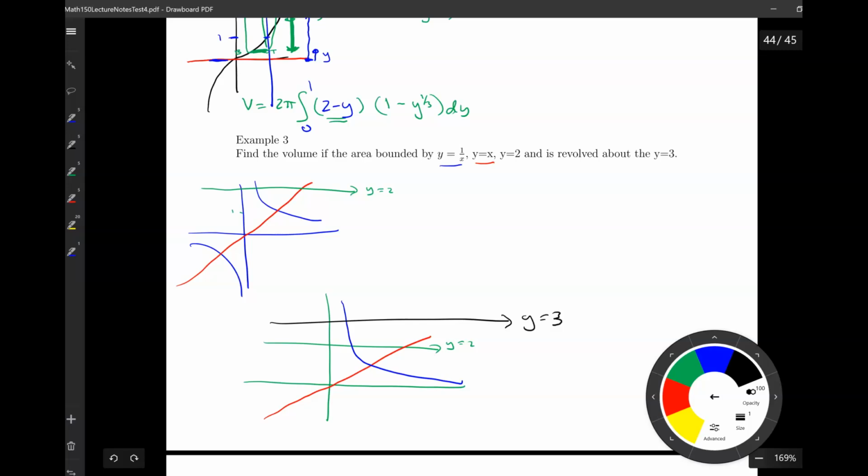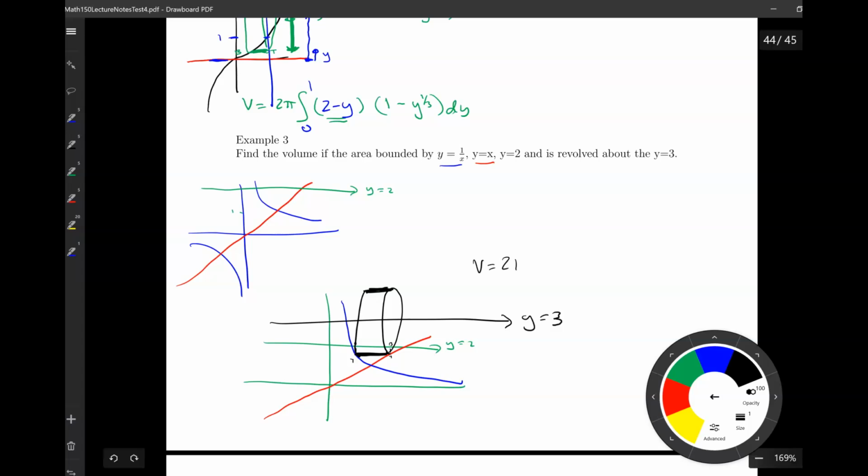If I'm revolving it about y equal 3, I'm going to draw my rectangles parallel to the axis of rotation, because if I drew them perpendicular, can you see I'd have different top and bottom functions, right? That's not optimal, so let's not do that. Let's draw them parallel to the axis of rotation.